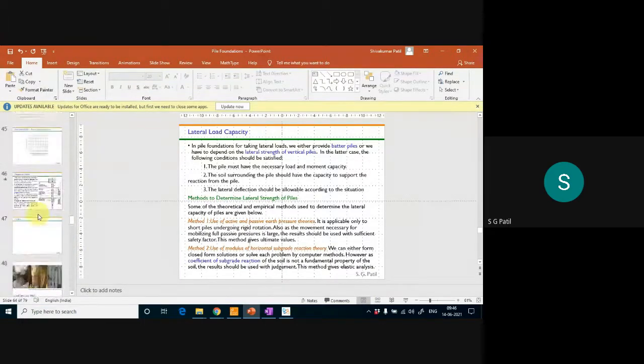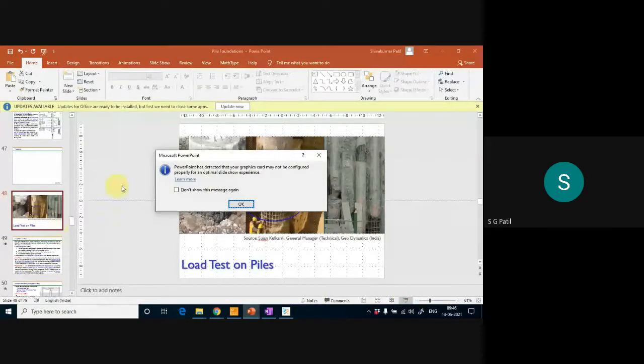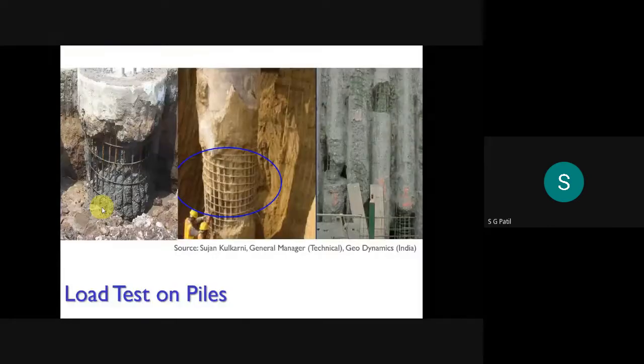That is your pile load test. So load test on the pile, or pile load test we will call. Till now, whatever static approach we have seen, we have used it to calculate the load carrying capacity.